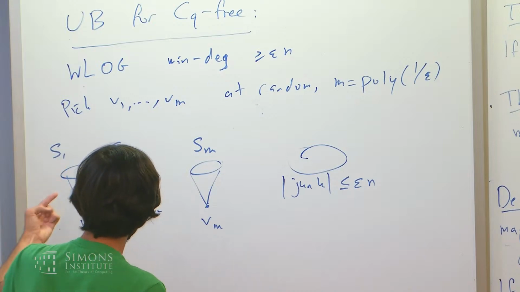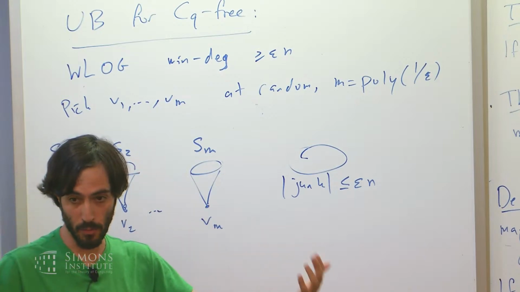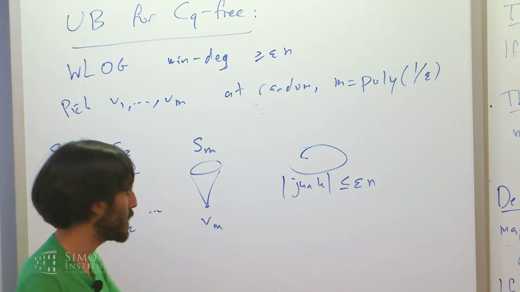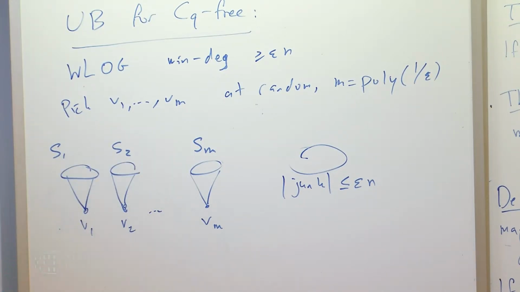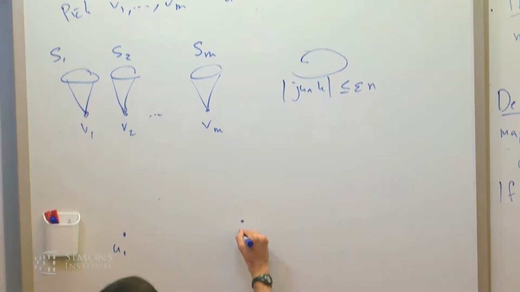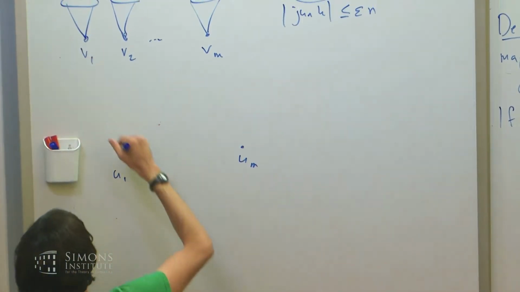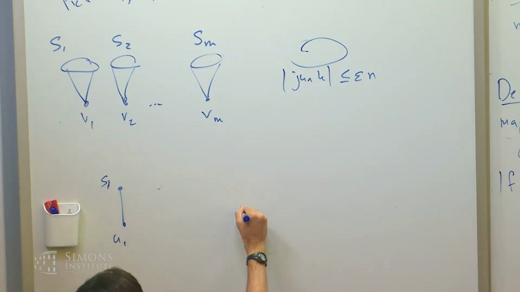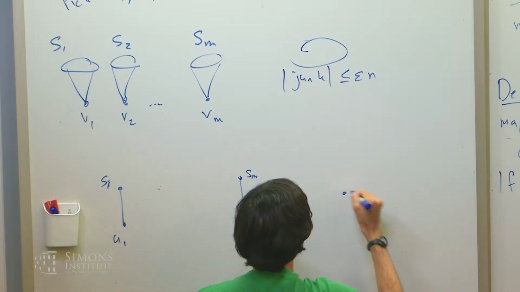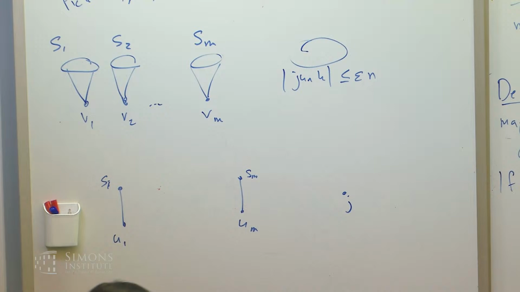And now I need to construct for you this approximate homomorphism. So I need to give you what the model graph is. The model graph is just going to be, I'll have a vertex down here, u1 up to um. And I'm going to collapse all of these si's into single vertices, little s1 up to little sm. All of the junk I'll condense to a single vertex of junk.